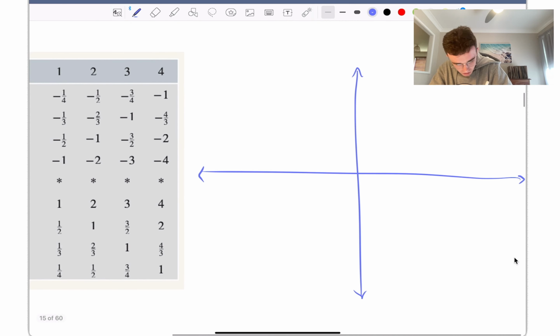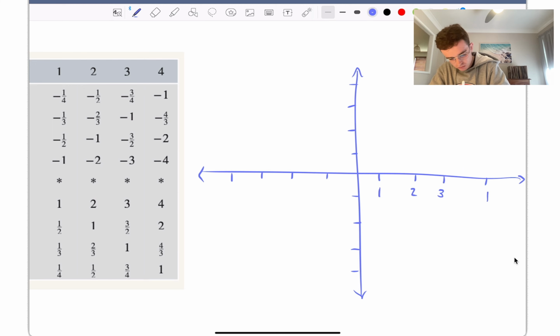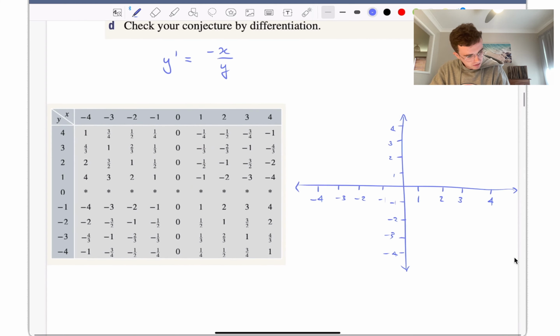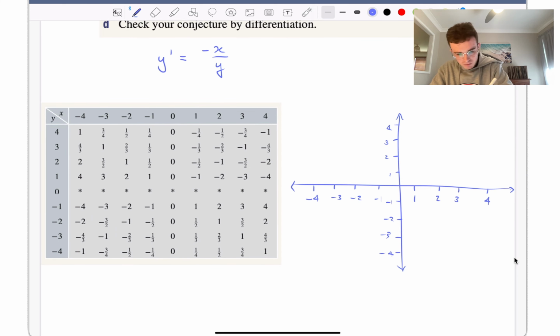I'm going to go 1, 2, 3, 4, 1, 2, 3, 4, 1, 2, 3, 4, 1, 2, 3, 4. And then we're just going to start plotting it. So at -4, -4, we had a gradient of about 1.